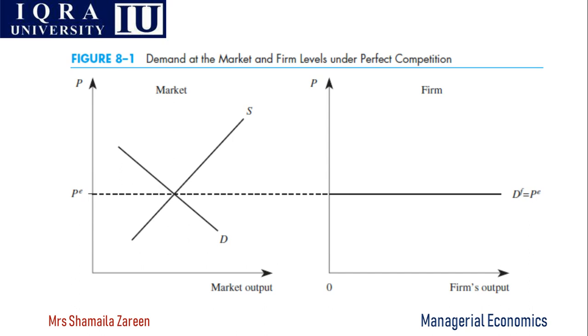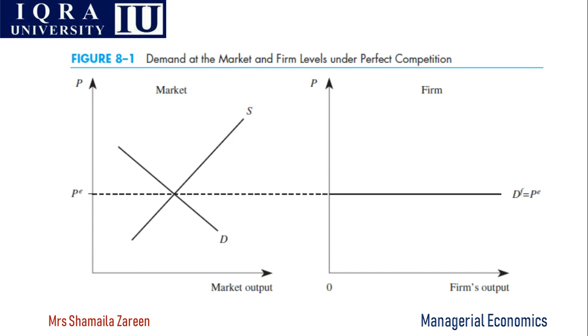Because the market supply and demand curves depend on all buyers and sellers, the market price is outside the control of a single perfectly competitive firm. In other words, because the individual firm is small relative to the market, it has negligible influence on the market price.